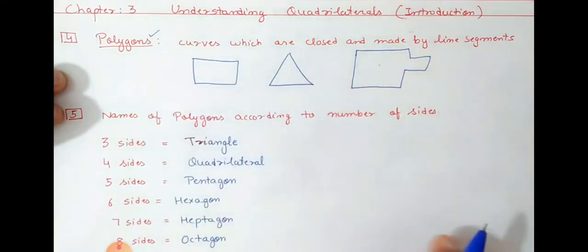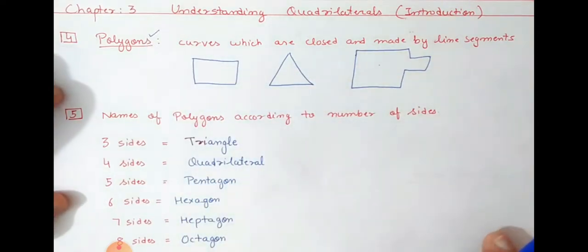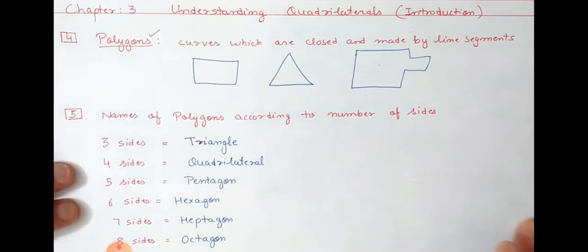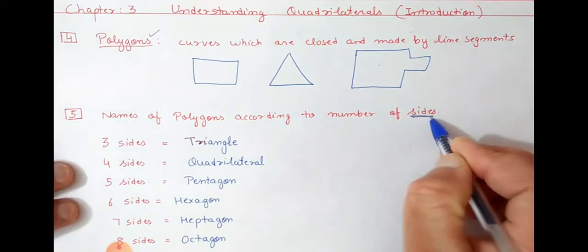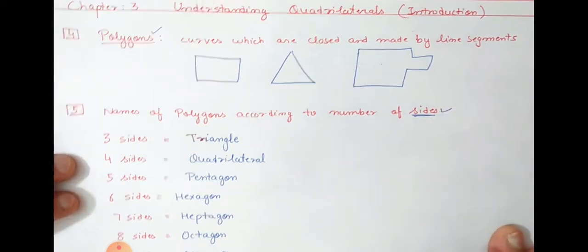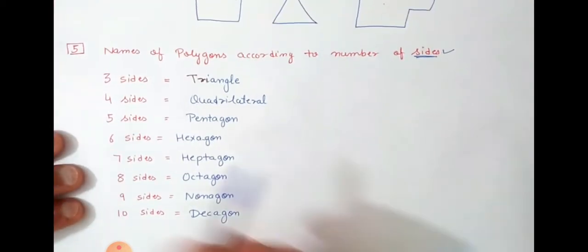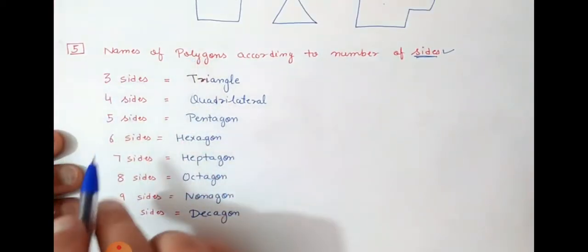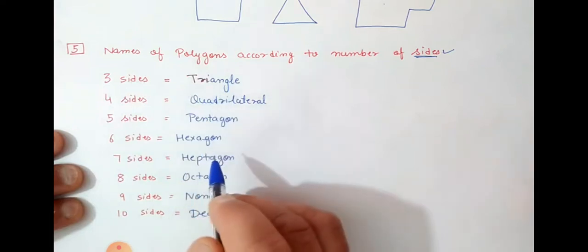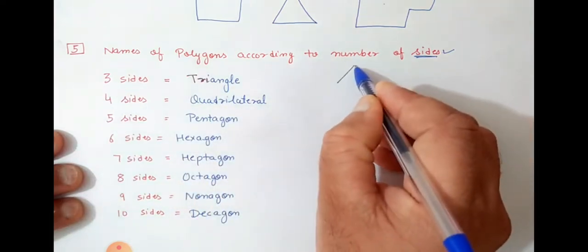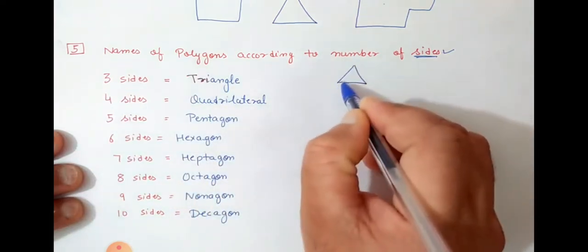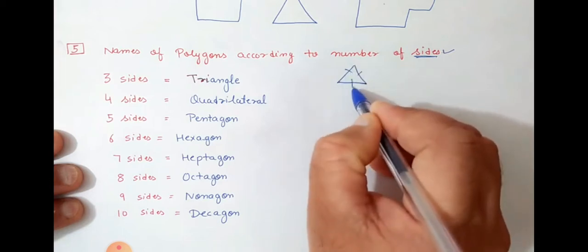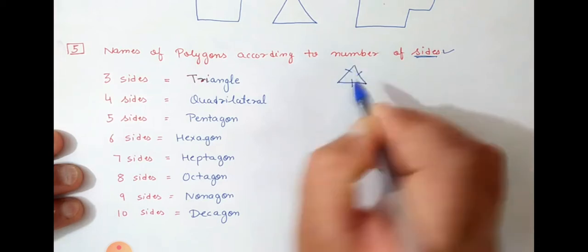Next, names of polygons according to the number of sides. 3 sides of a polygon are called a triangle. This is a triangle: 3 sides, 3 angles.